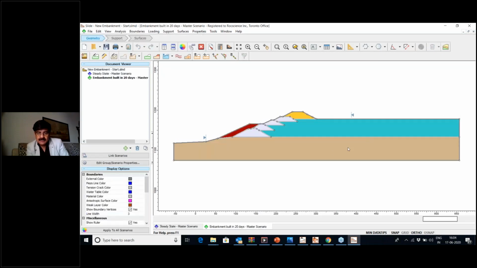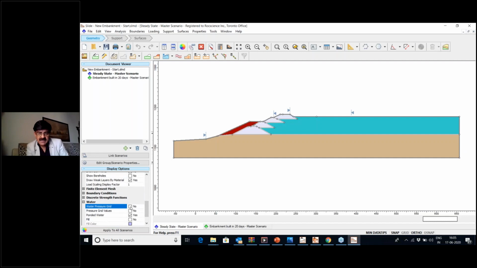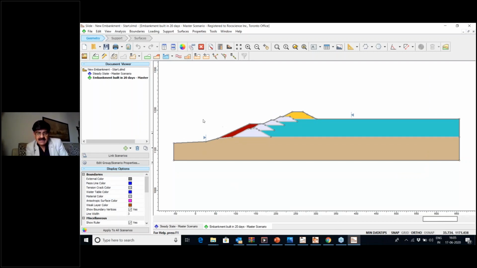What you see here is that in the steady state, the master scenario, these are the pore water pressure indicated through this. We can turn it off so that you can see it clearly. Where is that option? Here, water pressure grid can be turned off, and in the 20 days you have this kind of a situation.